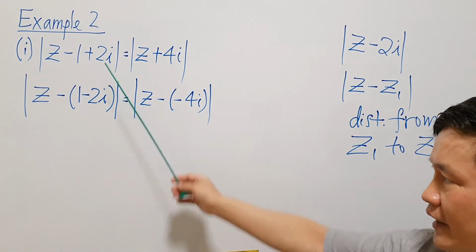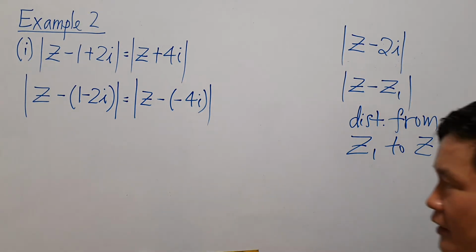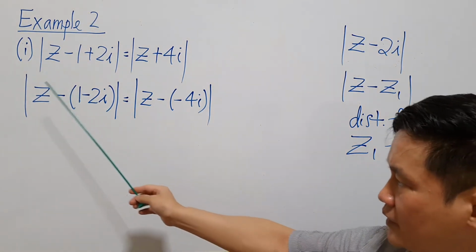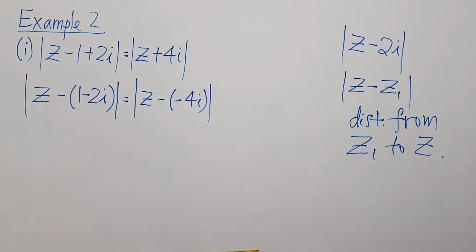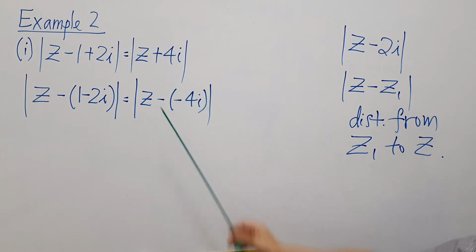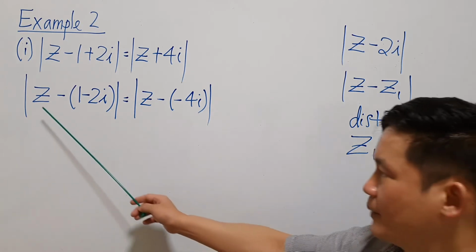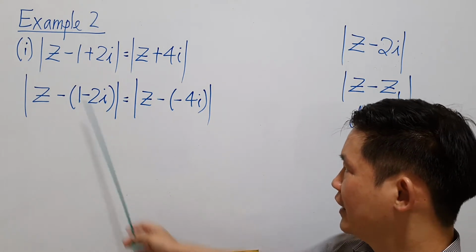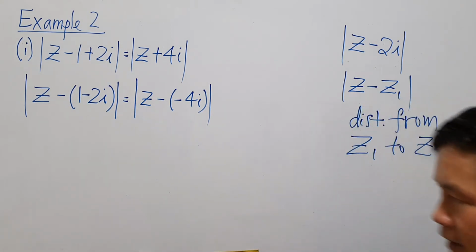On the left hand side, after rewriting, this means the distance from this complex number to z. The right hand side means the distance from this complex number to z. So put together, this equation means you want all those z values such that the distance from this to z and the distance from this to z are the same.